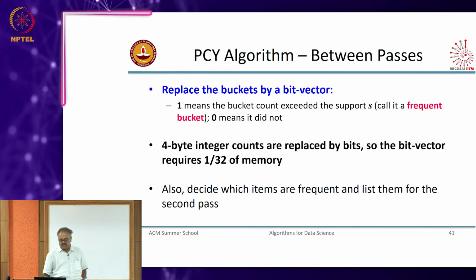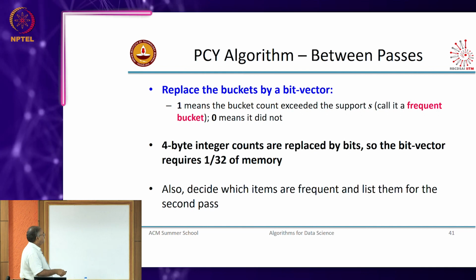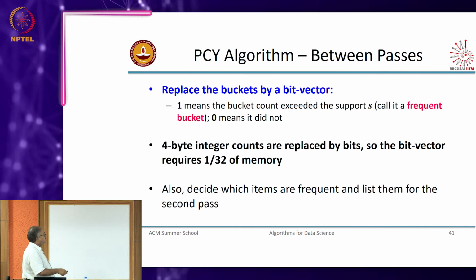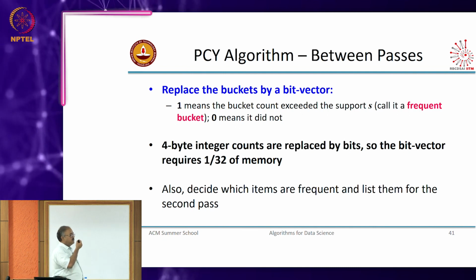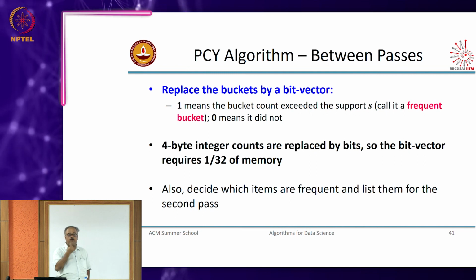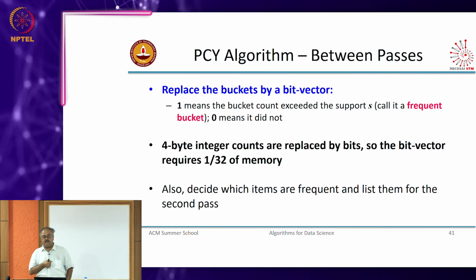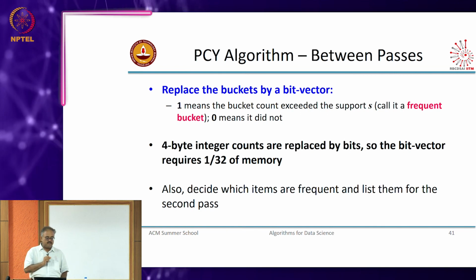So how do I do this, right? So I replace this set of buckets, the hash table that I had, I replace that with a bit vector, right. So 1 in a position means that the corresponding bucket had a count greater than S, right. 0 means it did not.